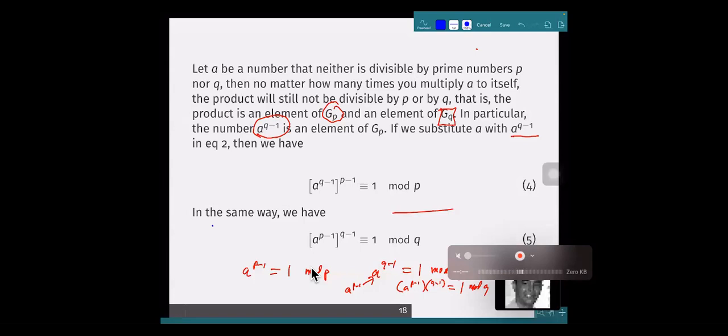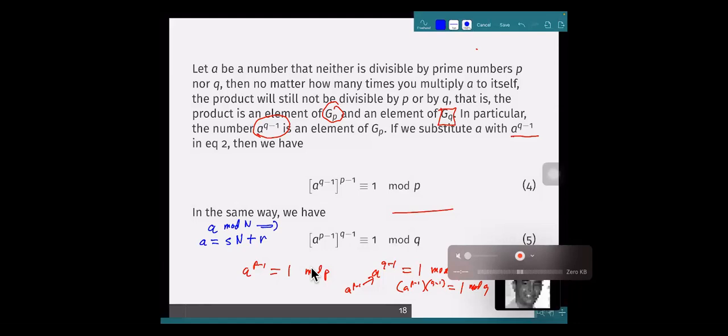Let me just show you guys now. Remember that we have this definition of modulo, right? So when we say a mod n, this actually means that a is equal to some number s multiplied by n plus a remainder, right?